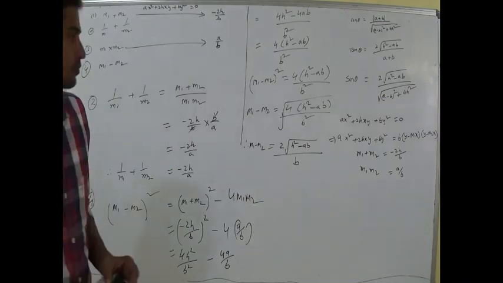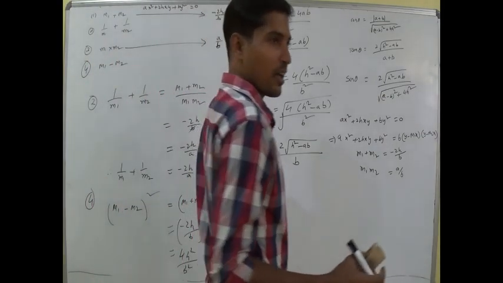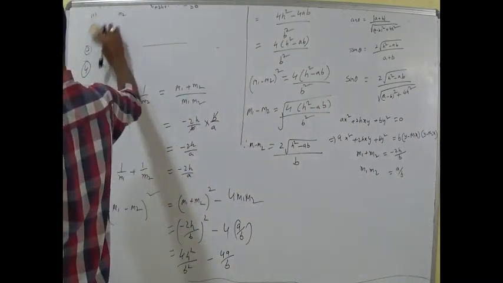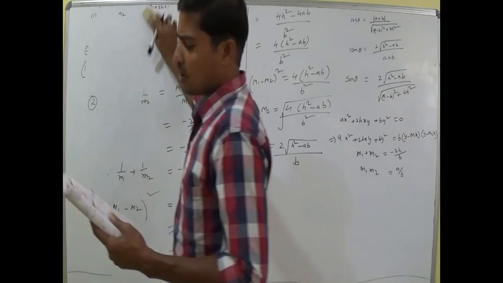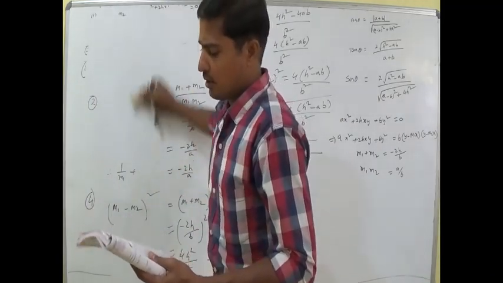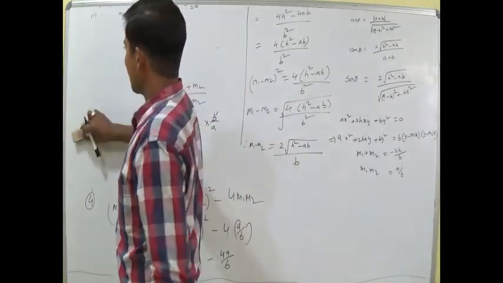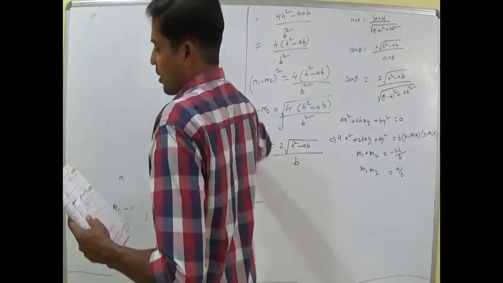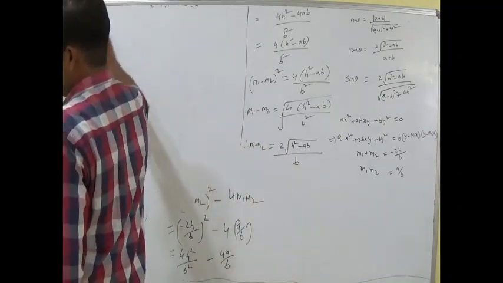Next. It's clear? So next one: the sum of the slopes of the lines given by x square minus 2cxy minus 7y square equals 0 is 4 times their product.